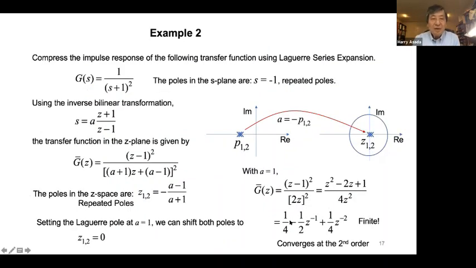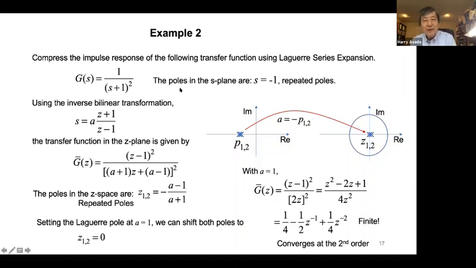Okay, so let's work out a few examples. Compress the impulse response of the following transfer function using a Laguerre series expansion. The transfer function G(S) equals 1 over (S plus 1) squared.